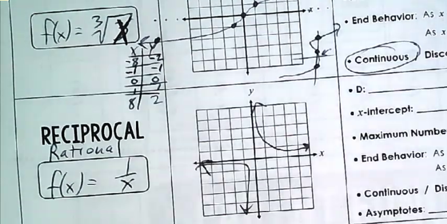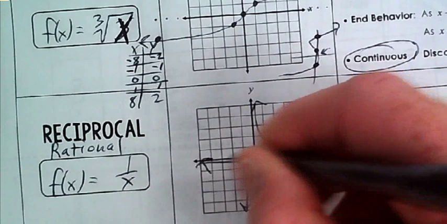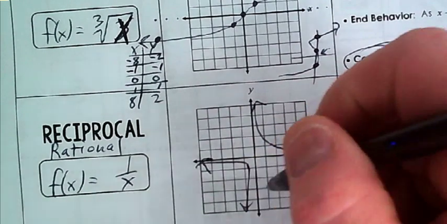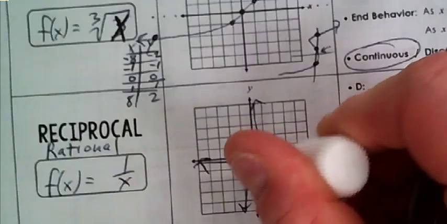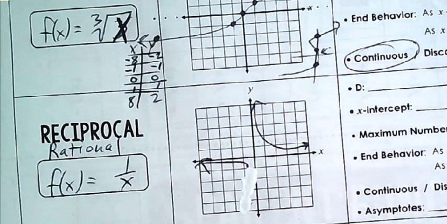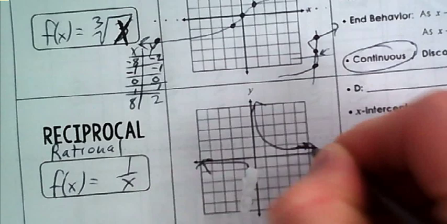I want you to understand, and this is not a great drawing, that these curves will approach the x-axis and the y-axis forever, but they will never touch it. They're going to get closer to it, but they're never going to touch it.